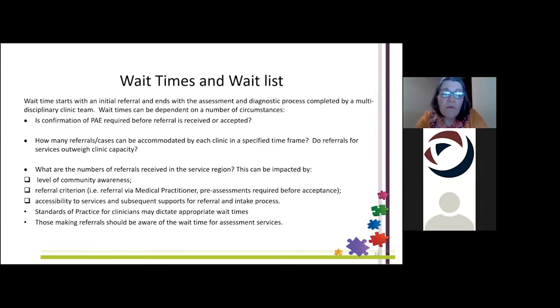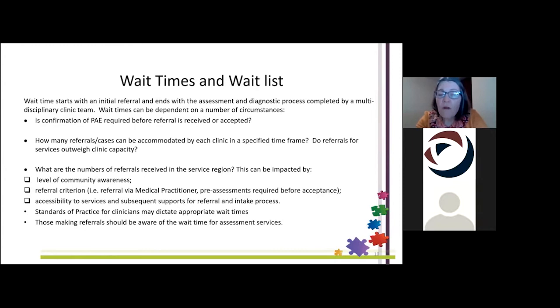The number of referrals received in the service region can be influenced by the level of community awareness and the referral criteria. Some clinics require that a medical practitioner, such as a developmental pediatrician, be the one that the referral comes through as a bit of a pre-screen.